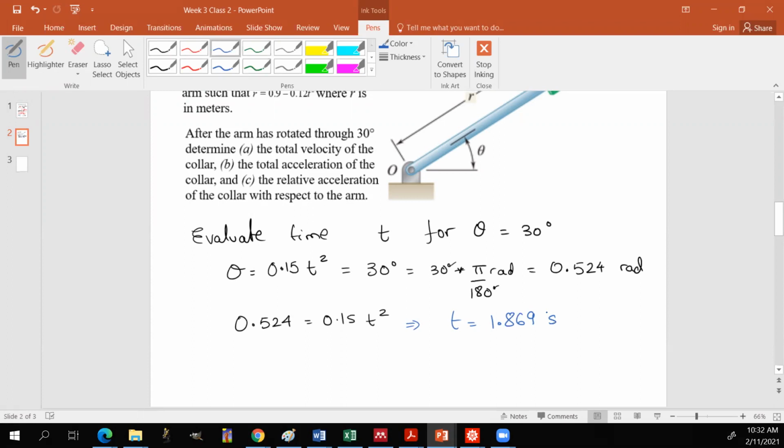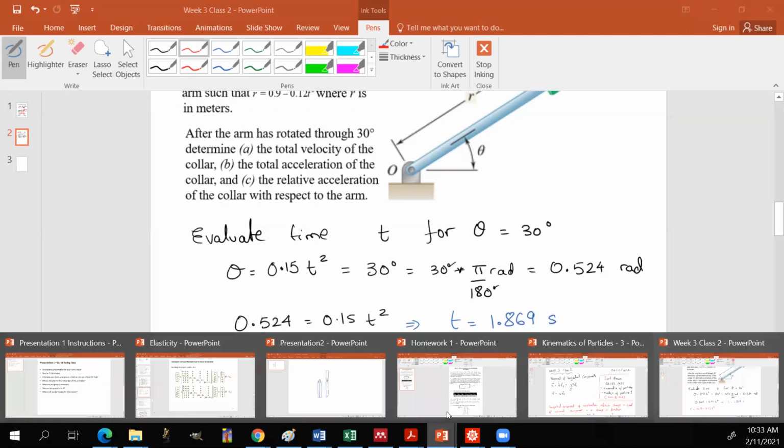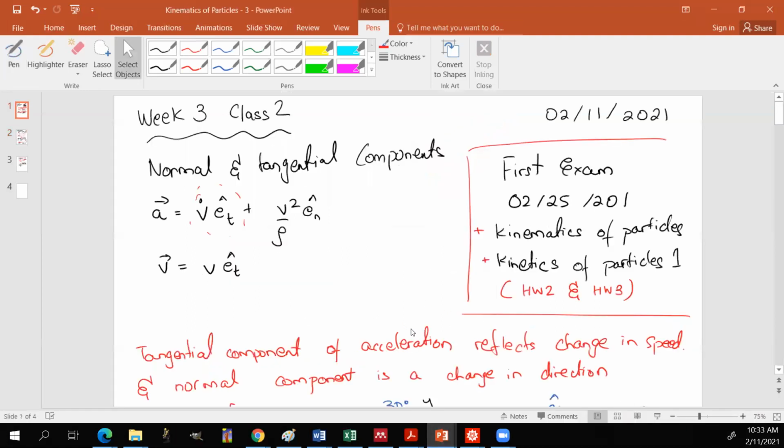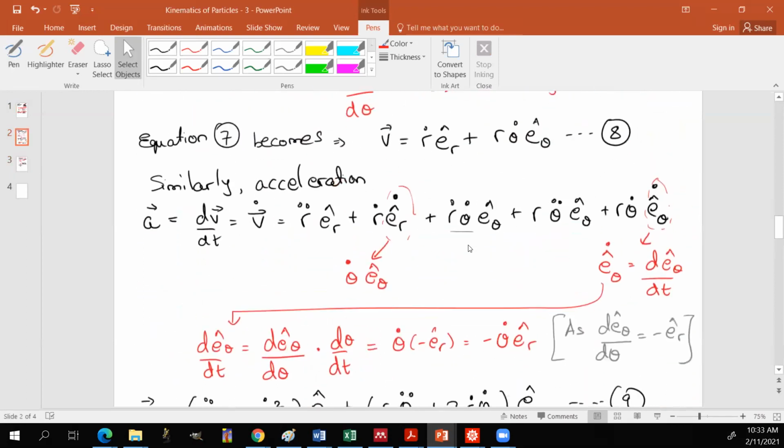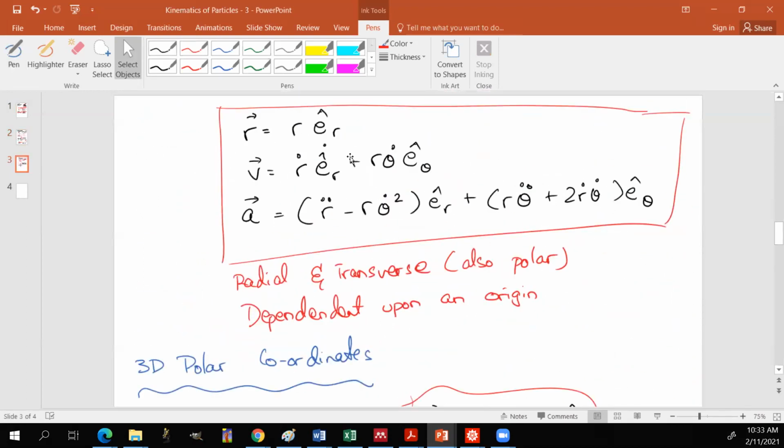All right. Then you're told that r, the scalar r, is equal to 0.9 minus 0.12 t squared, right? And we know that we're working with polar coordinates, right? So we are going to be looking at these formulae over here. So we need to find out what r dot is and what r double dot is.